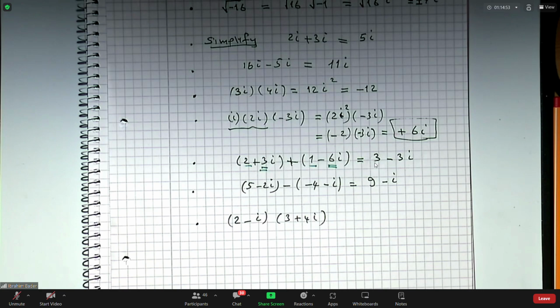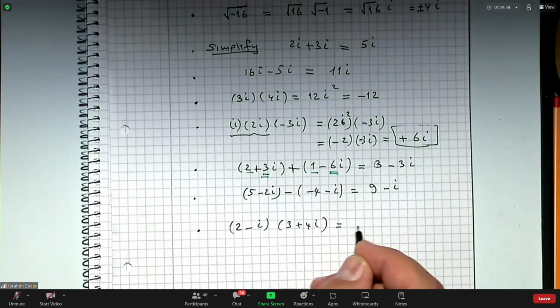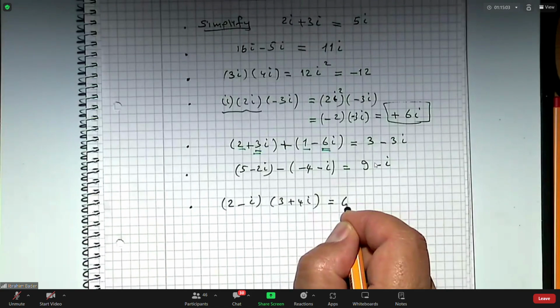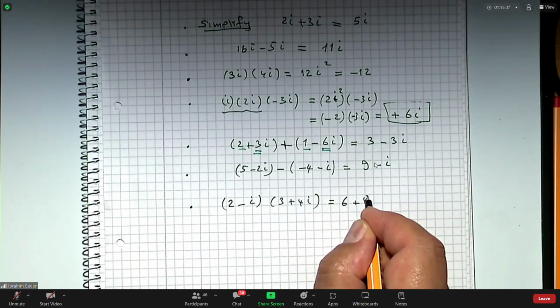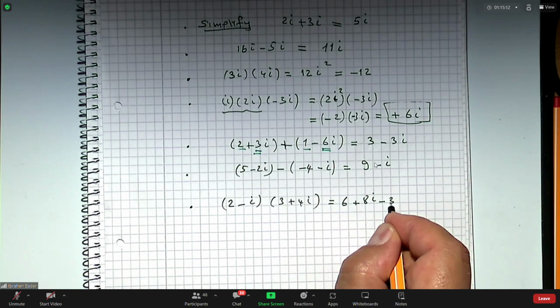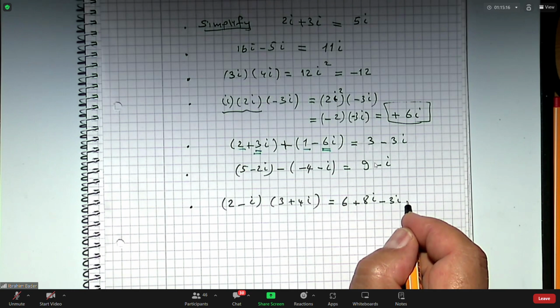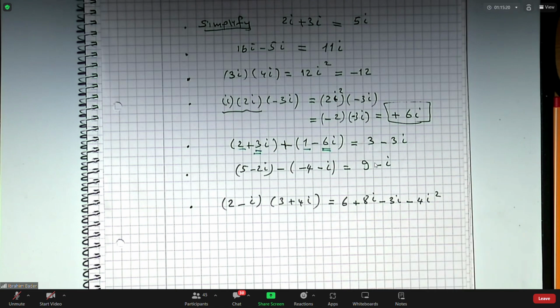Other answers? Okay, let's do it. So 2 times 3 is 6, plus 8i, minus 3i. This one here, plus or minus? Minus 4i squared, right?